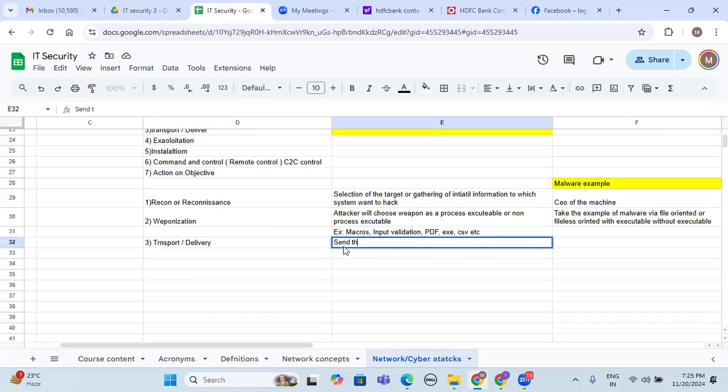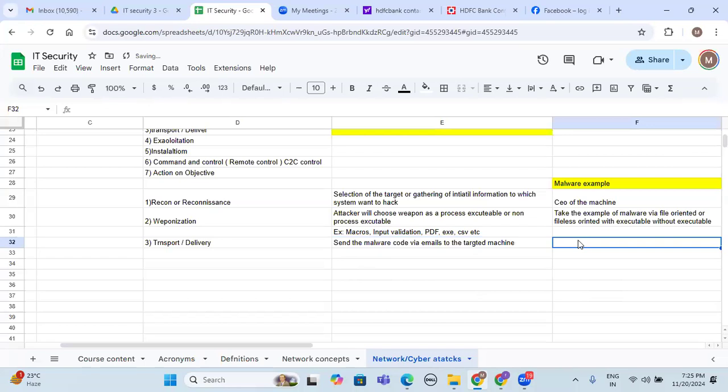Sending the malware code via emails to the targeted machine is called transport or delivery.